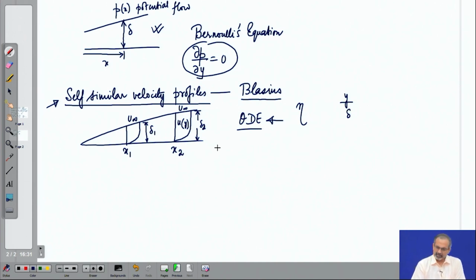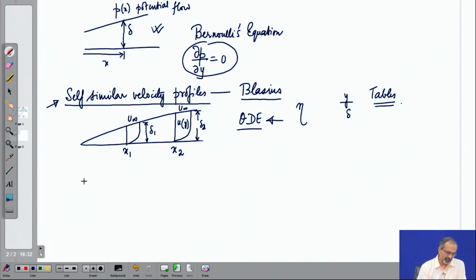And then solutions evolved by Blasius are now available in the form of tables, from where you could read the values and use the Blasius solution for performing boundary layer calculations. So, this was another major development in the theory of laminar boundary layers. We were talking about laminar incompressible boundary layers more specifically.